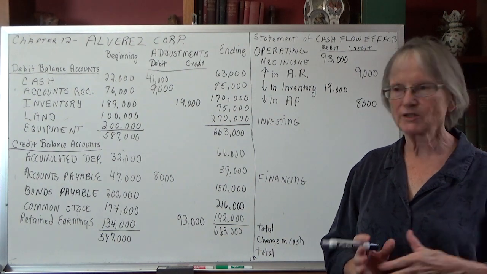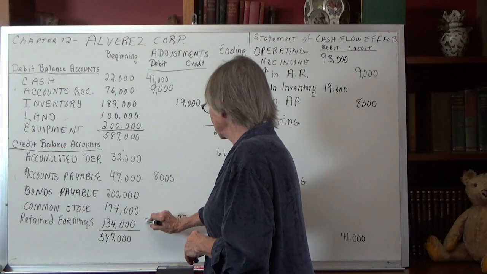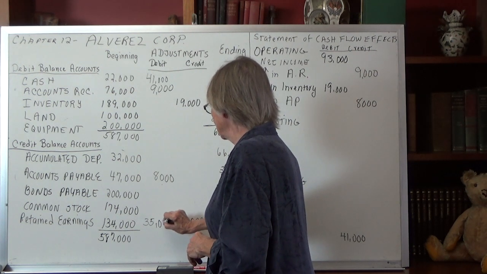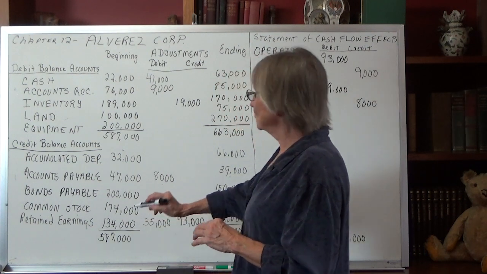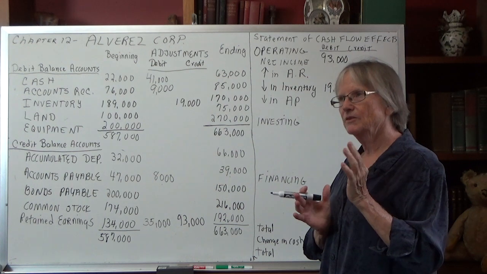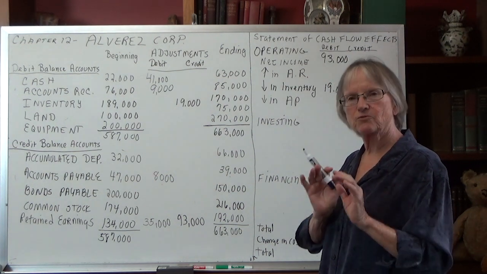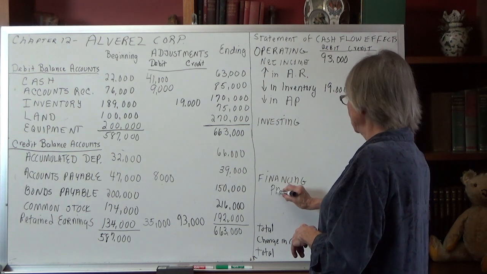Okay, so we got net income. Cash dividends declared and paid were 35,000. Well, those decrease retained earnings. Okay, so there's that. So that would be a debit to decrease retained earnings. Now, paying dividends, we have to think here and say, oh yeah, that's not an operating activity, that's a financing activity. So we would go to the financing section and just say what we did.